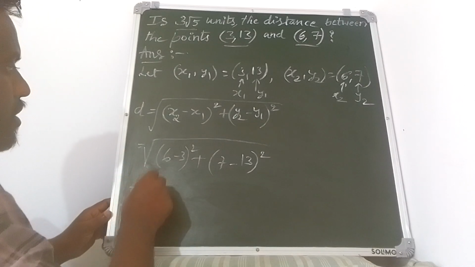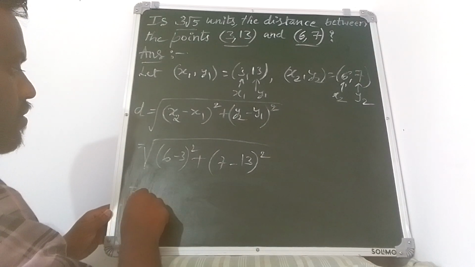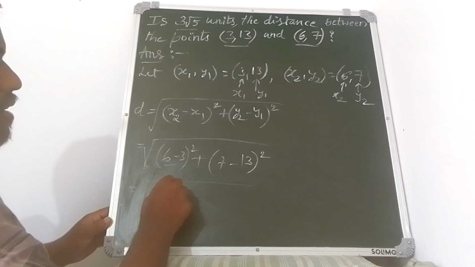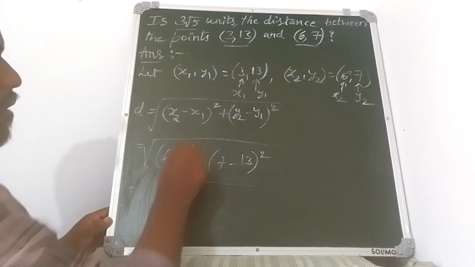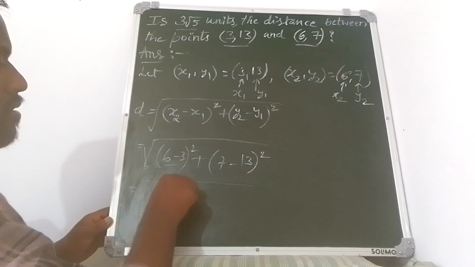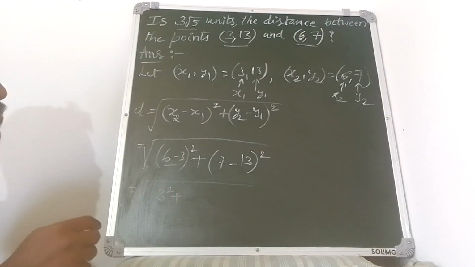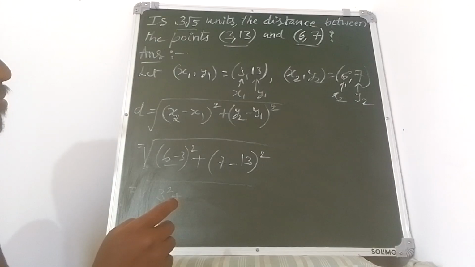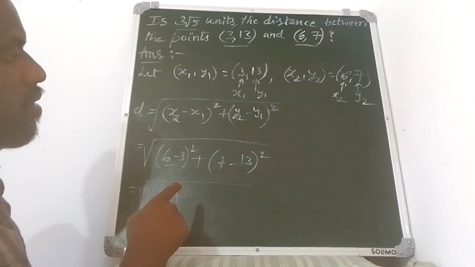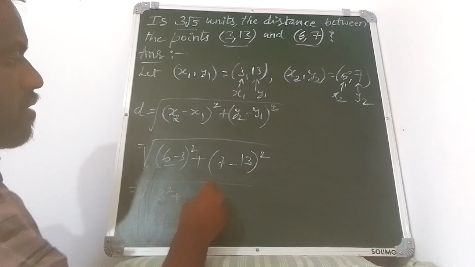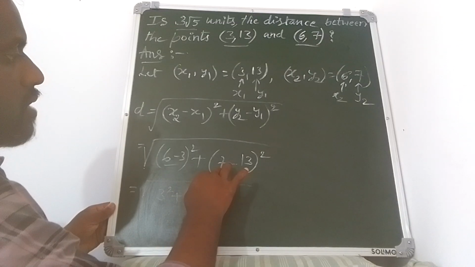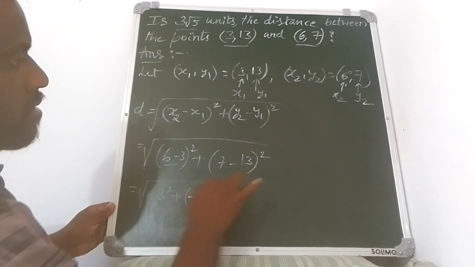Now simplification, this square root, 6 minus 3, 3, this is square, this plus, okay, 7 minus 13 is minus 6, this square.